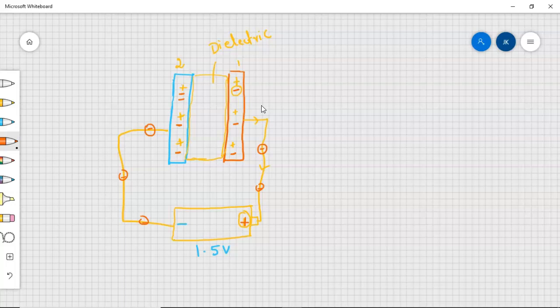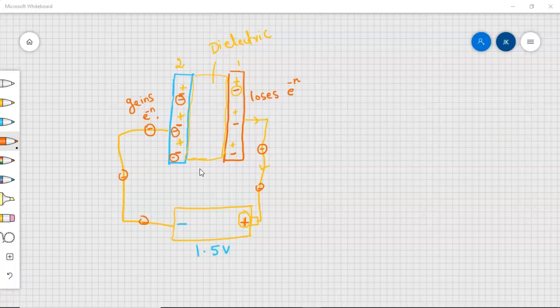The electrons from plate 1 are accumulating on plate 2. So here it loses electrons, and plate number 2 gains electrons.